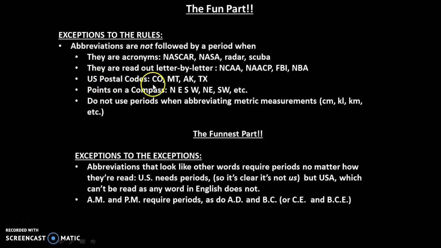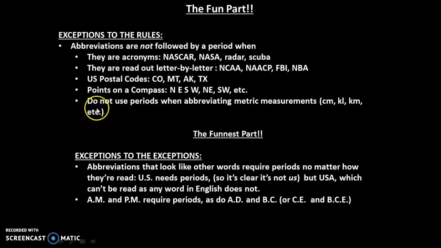U.S. postal codes, the two-letter state codes from the post office, no periods. And if you are using the letters N, E, S, W or any combination thereof to represent points on a compass, you do not use a period with those abbreviations.